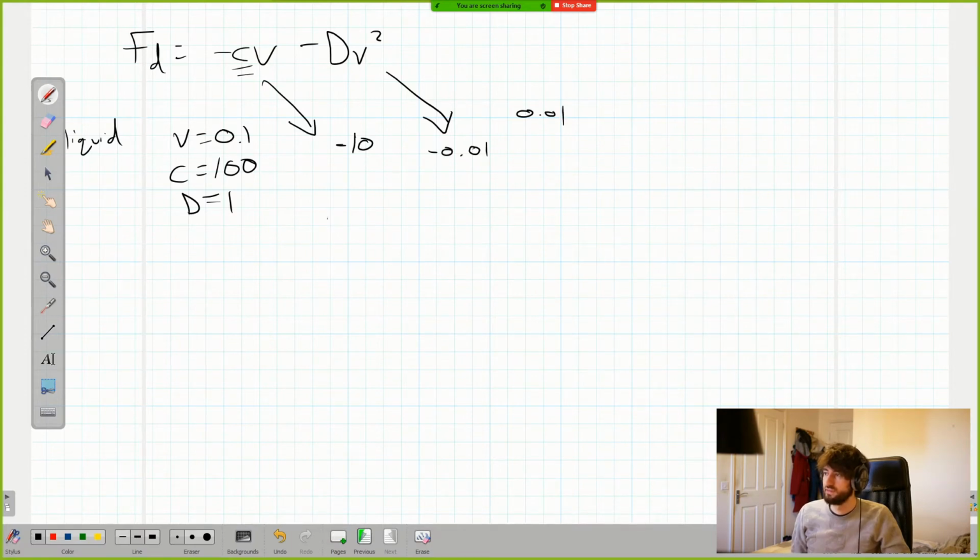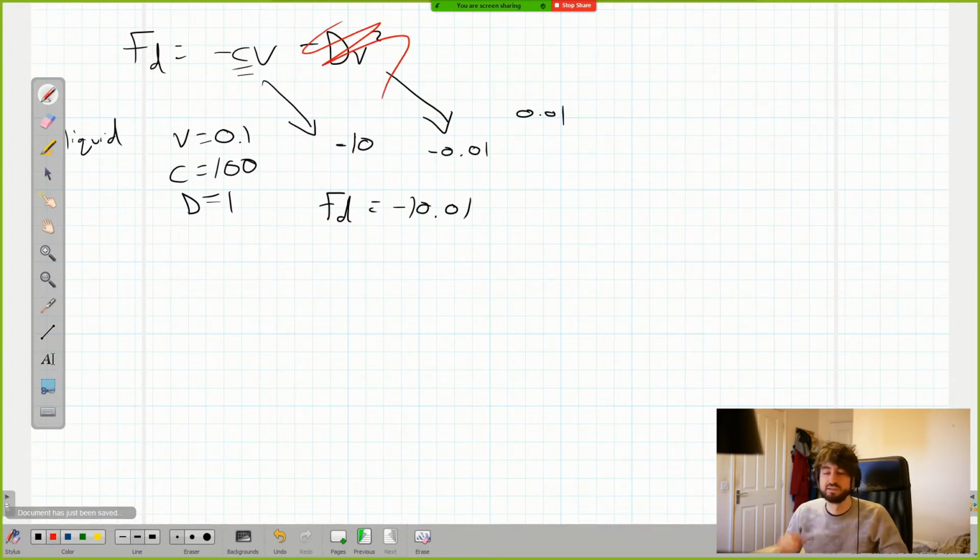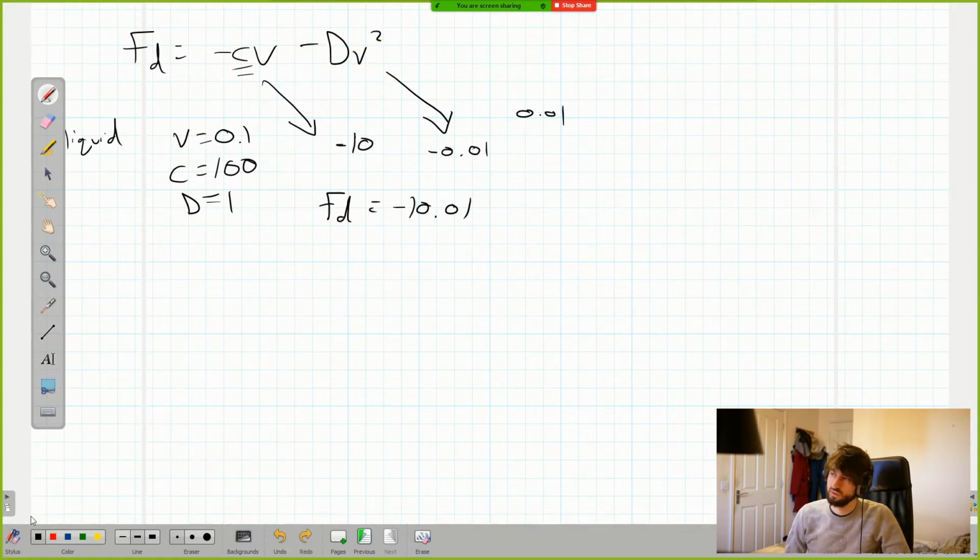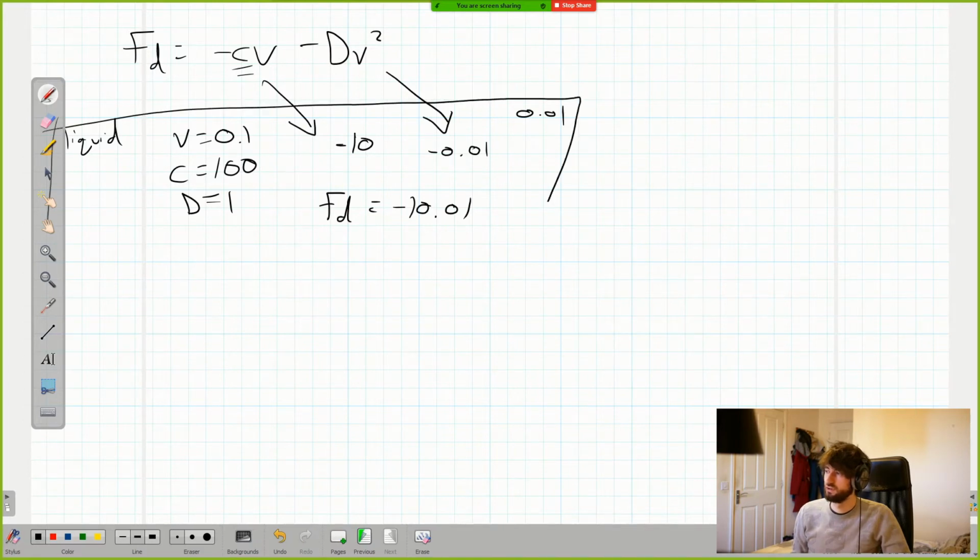So you can see here that this FD will be equal to minus 10.01. So we can essentially say that for a fluid, this doesn't even matter. It's so small that it's just irrelevant. It's barely going to affect your simulation at all. And we can say, likewise, so that's for liquids.